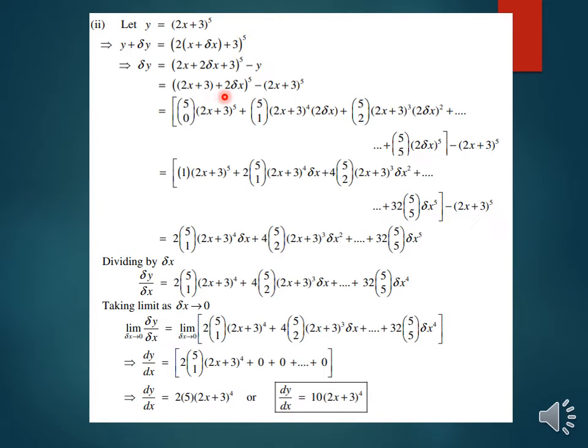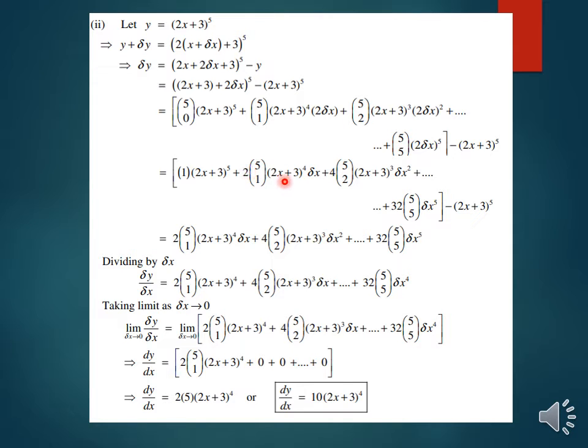And now in the next step we have to open the binomial series of combinations. So 5C0 (2x plus 3) raised to the power 5, then the power of 2x plus 3 decreases while 2 delta x increases, then similarly 5C2 (2x plus 3) raised to the power 3 times (2 delta x) square, and so on to 5C5 (2 delta x) raised to the power 5 minus (2x plus 3) raised to the power 5.